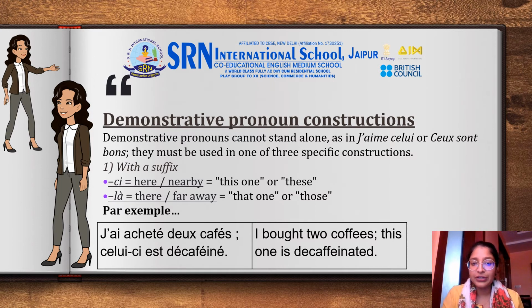For that, I will use celui-ci. Again, I have to see what the gender and the number of the noun I am referring to is. Here celui-ci is replacing the café, that is coffee, which is masculine singular. So I have used celui-ci.